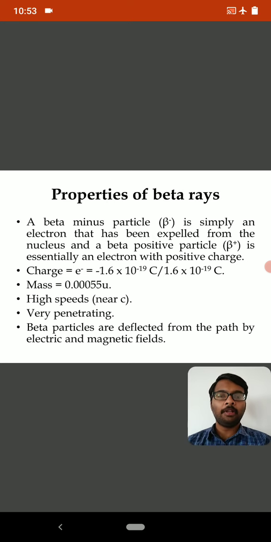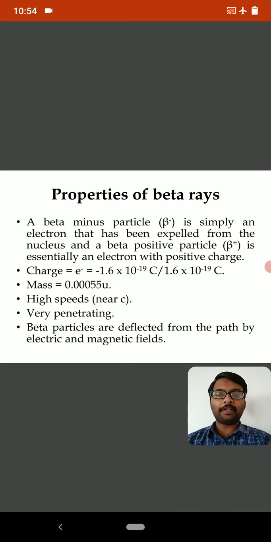One is negative and the other is positive. Then both particles have the same mass, about 0.00055 unified atomic mass unit. These beta particles move with velocity almost equal to the velocity of light, that is near c.